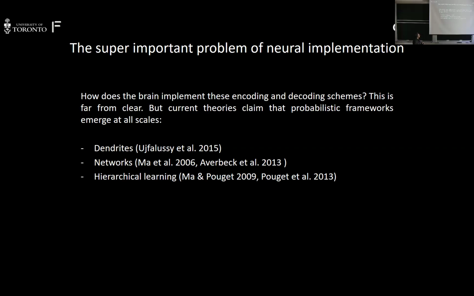A neuron doing something that looks like Bayes optimal encoding and decoding has got to be implementing that with some operation on its inputs, capitalizing on some combination of things that we still don't entirely know. So it could be the network structure that's leading in.